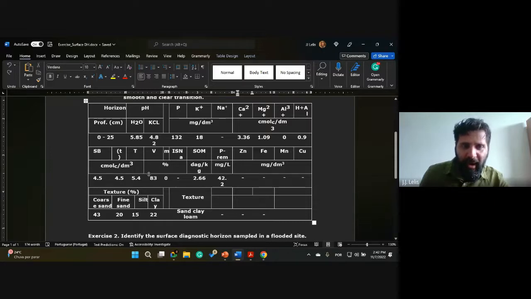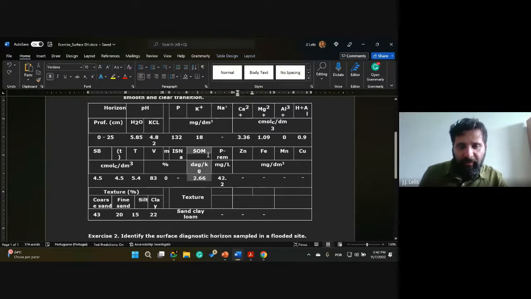So we have a high content of this material that's fulfilled by nutrients in the surface horizon. This is very good. It means that this horizon presents a high fertility, okay?